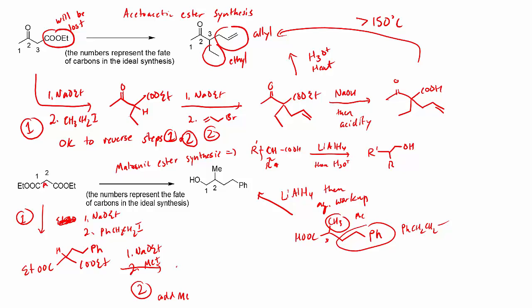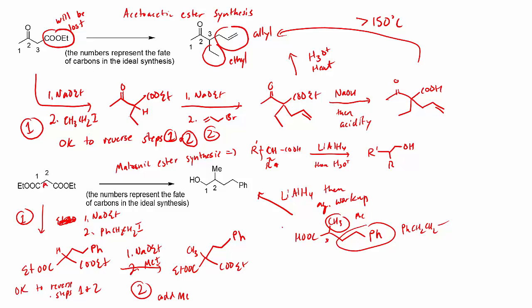Methyl's the more reactive halide, so it probably gives us a better yield if we add the more reactive one second, being the better SN2 substrate. But in theory, it's okay to reverse steps 1 and 2.